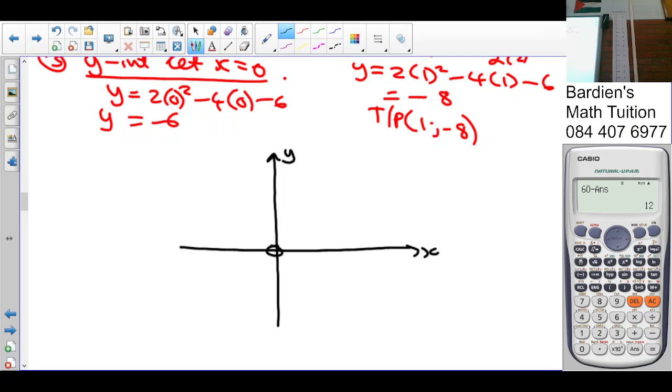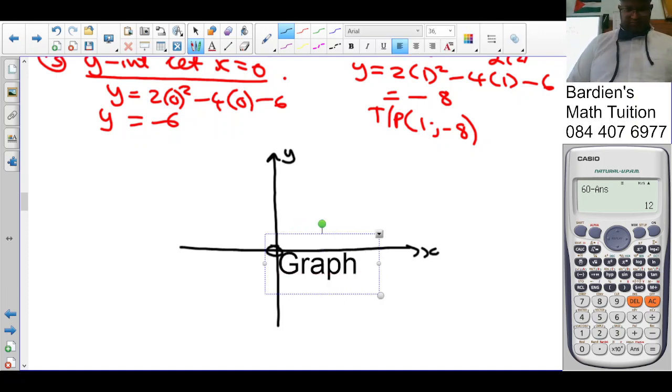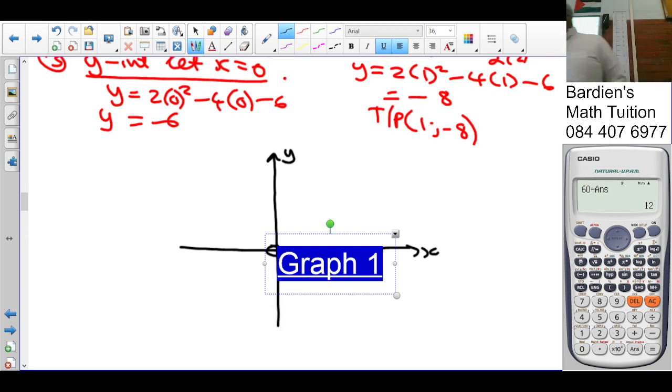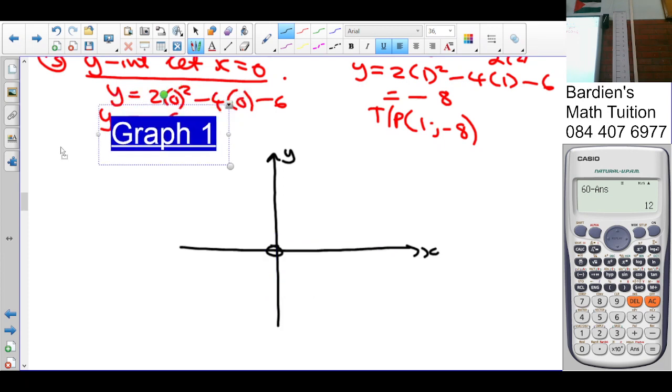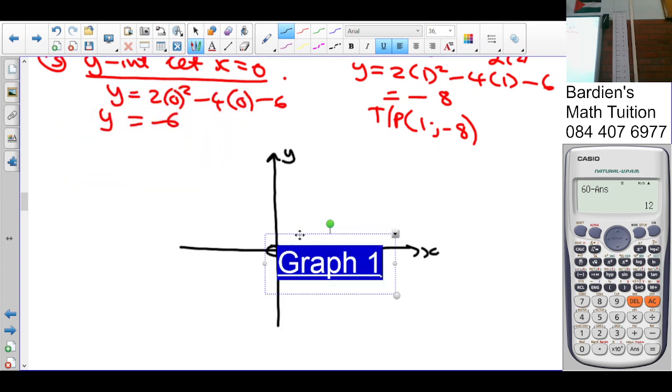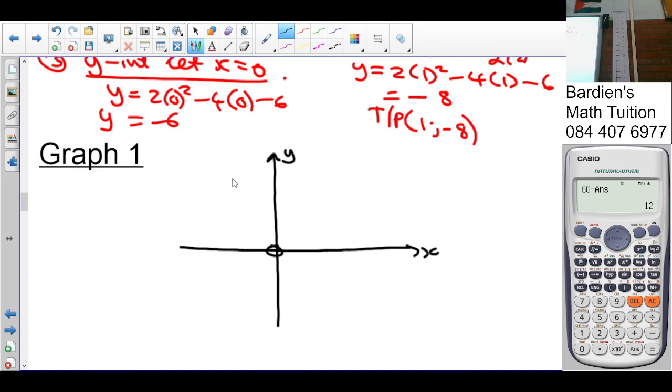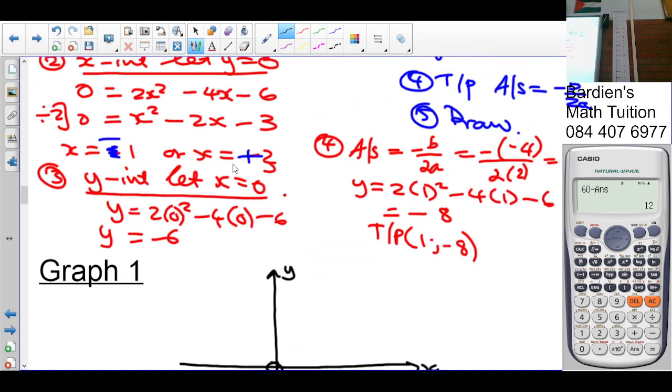Alright, now plot the points that you have on the graphs. Okay. Guys, have you plotted everything already? No?